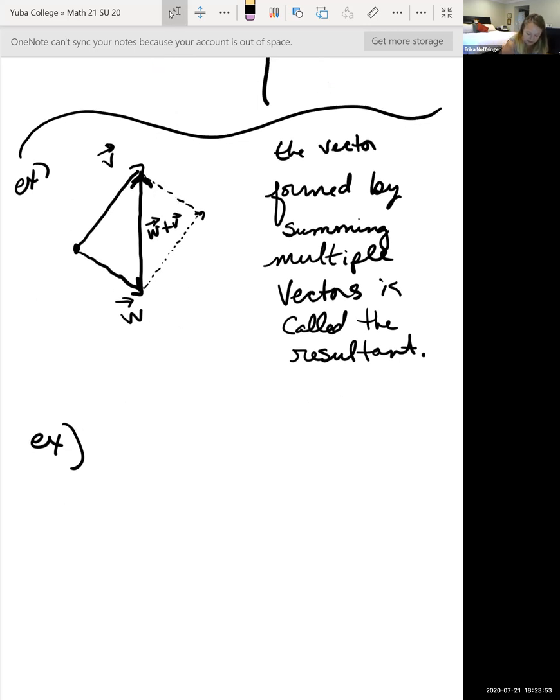Okay, so let's say you're given a picture, three vectors, and you're given that W looks similar to this.